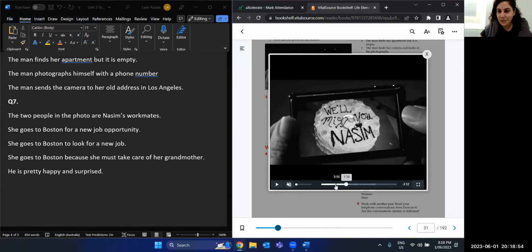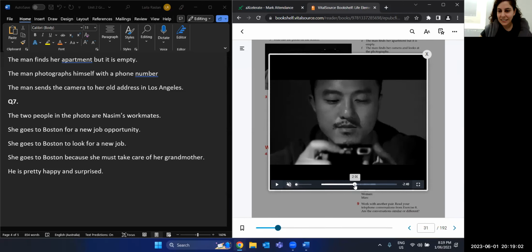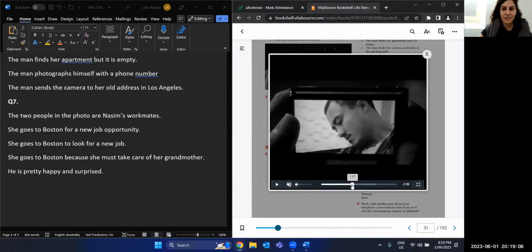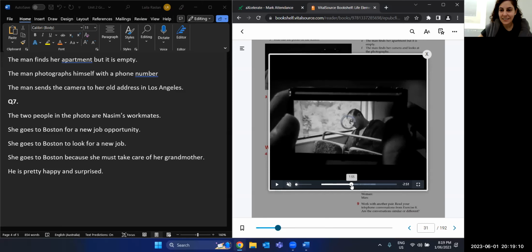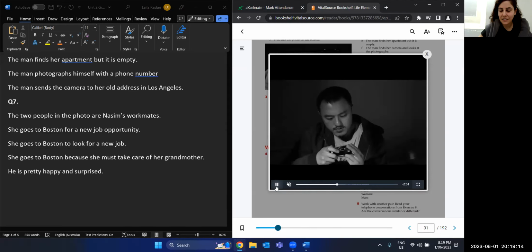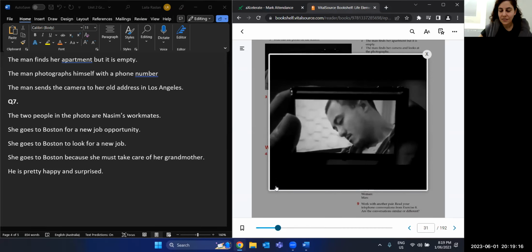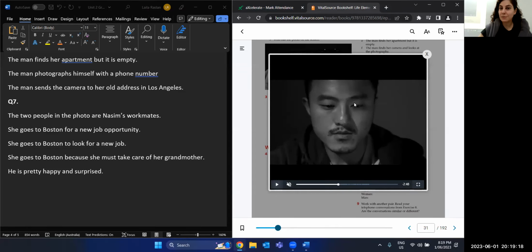So let's look at his expression. When he sees, I think a little bit more, we will see his expression. He looks, I think it's somewhere here. So that's his expression.